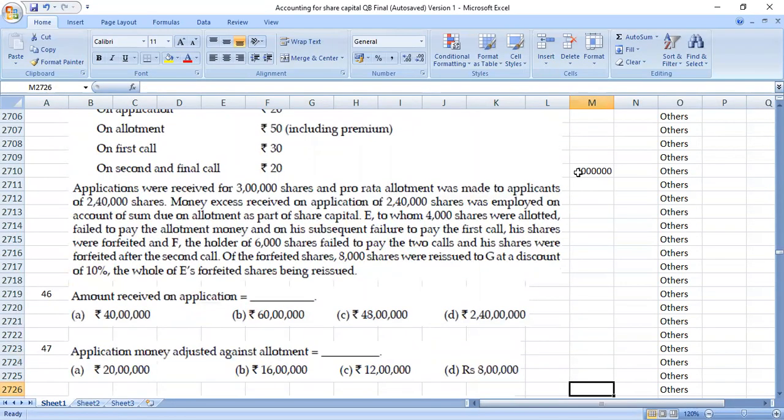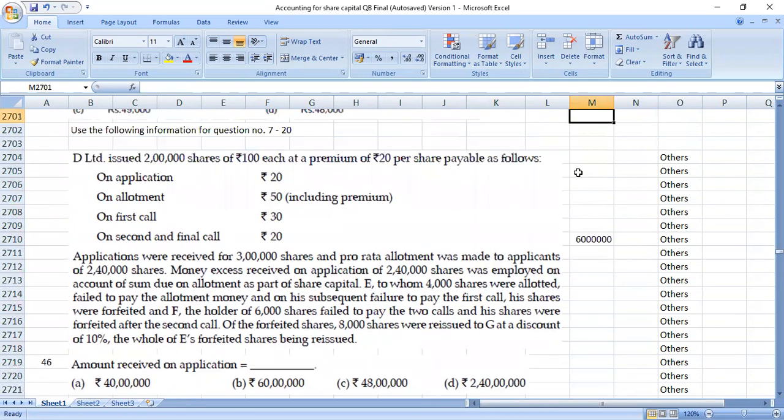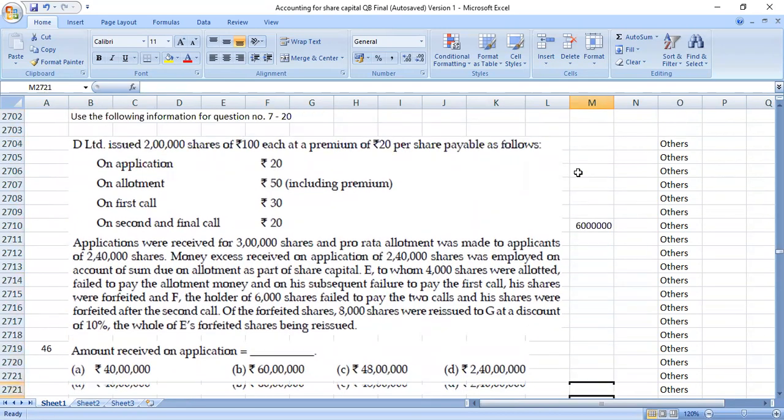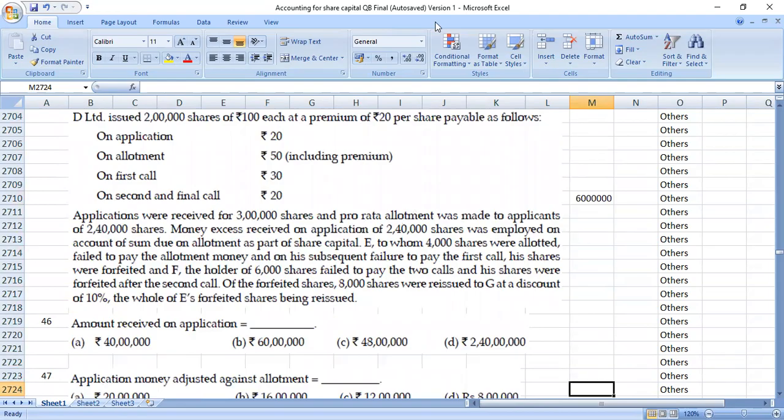Application money adjusted against allotment. எவ்வளோ அப்ளிகேஷன் மணி வந்து அலாட்மெண்ட் கூட அட்ஜஸ்ட் பண்ணுவாங்க. இந்த மாதிரி சிச்சுவேஷன்ல ஸ்டூடெண்ட் யூஸ்வலா ஒரு தப்பு பண்ணிடுவாங்க. 3 lakh அப்ளிகேஷன்ஸ் வந்திருக்கு, 2 lakh ஷேர்ஸ் தான் அலாட் பண்ணியிருக்கோம். ஸோ அதனால 1 lakh into 20 will be the calls in advance, 20 lakhs.